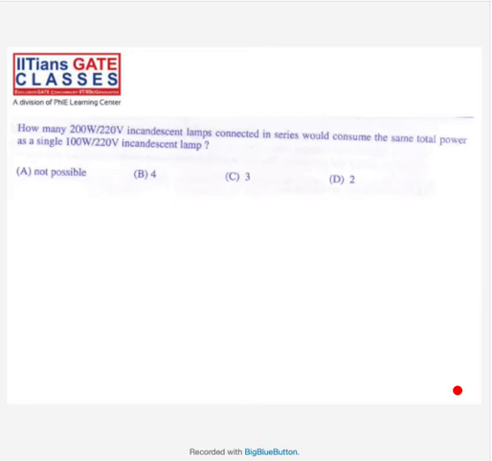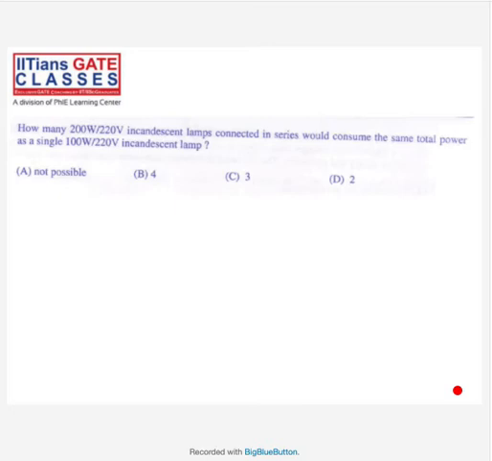How many 200 watt by 220 volt incandescent bulbs connected in series would consume the same total power as a single 100 watt by 220 volt incandescent bulb? This type of question was asked two times in GATE, and obviously this is for 1 mark.